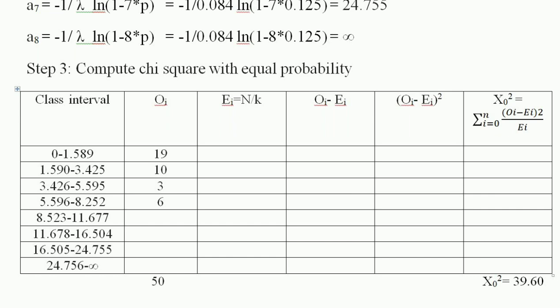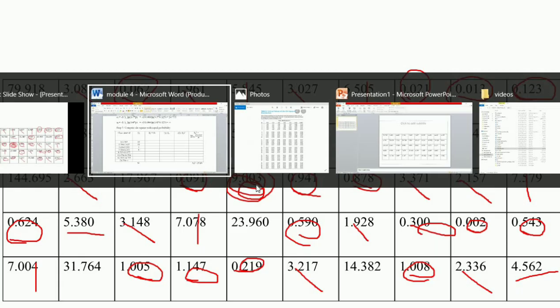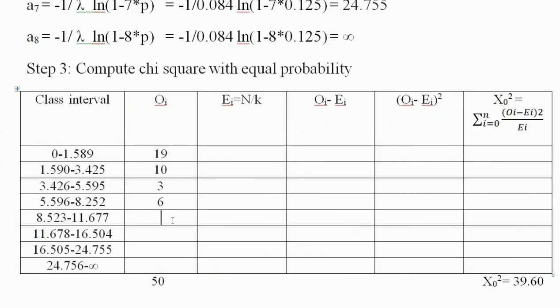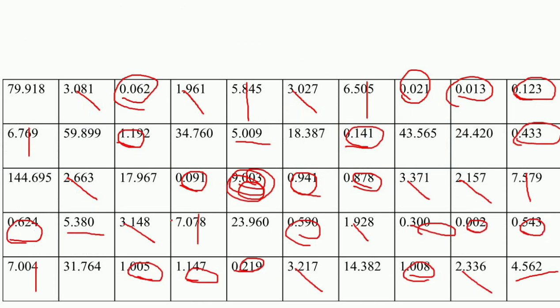In the next interval, that is from 8 to 11, let me count in the table. We got only one value, that is 9.003. This is the only value I have in the table, so I'll enter that value over here. The next interval, let me count, that is 14.38. I am going to get only one, that is 14.38.